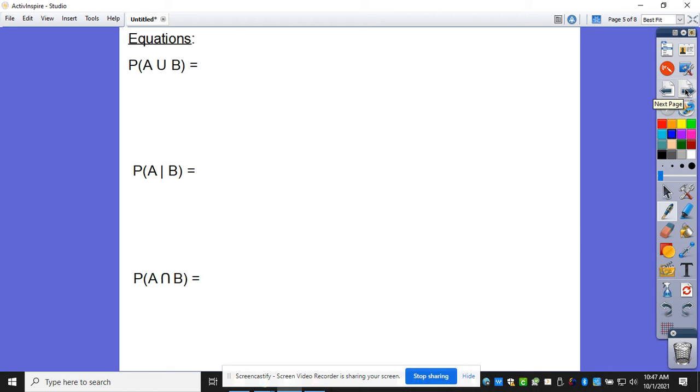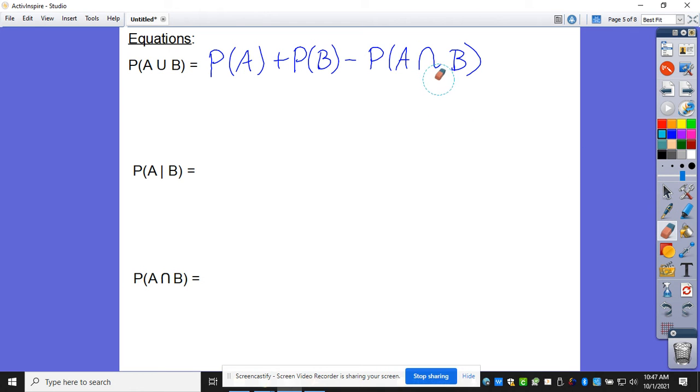Equations. What's my equation for probability of A or B? Probability of A plus probability of B minus probability of A and B. This is technically the equation for every single possible option, but sometimes we write it different. How do we write it different sometimes?